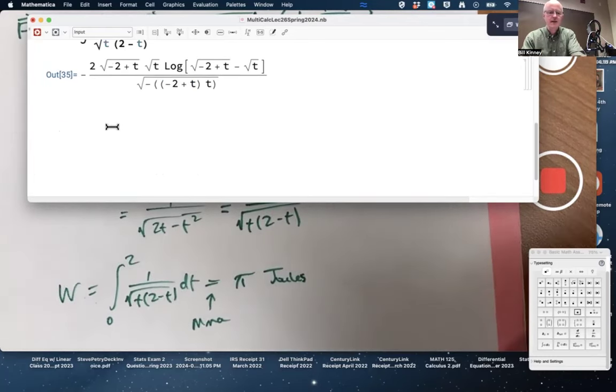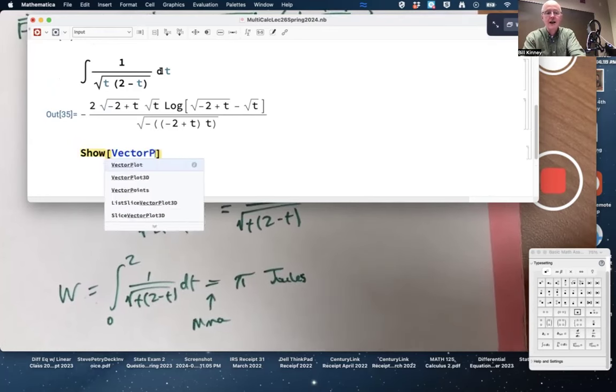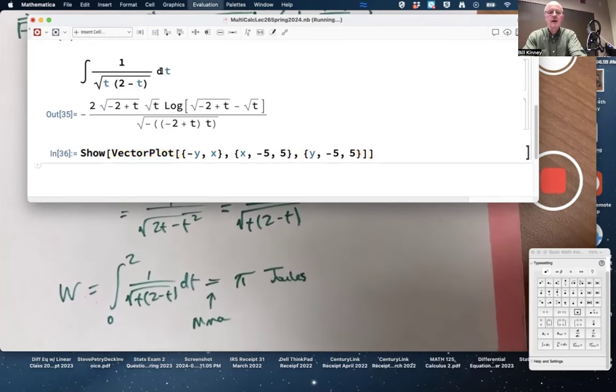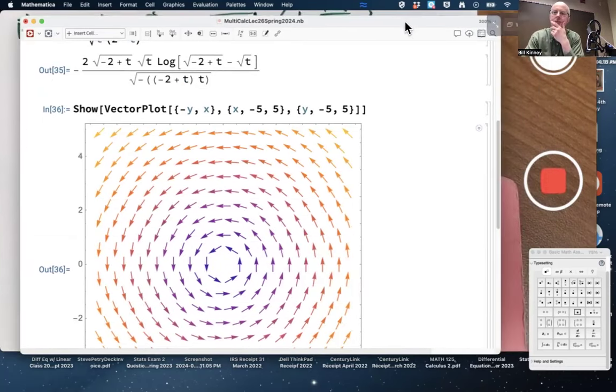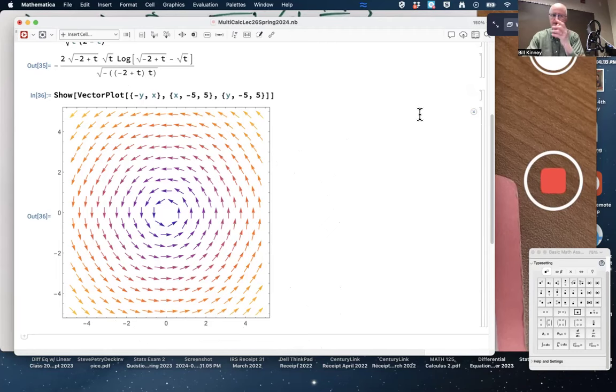What's the geometric meaning of what we just did there? If I make a vector plot of the vector field negative y, x, this was one of the examples from last Friday. This one's the one that has rotation to it, like that. And again, it's really a direction field instead of the true vector field because we're not seeing the correct lengths.